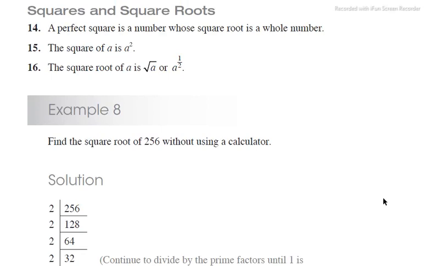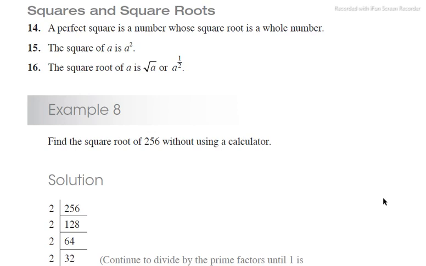After looking at LCM and HCF, we also have the squares and square roots. A perfect square is a number whose square root is a whole number. For instance, the square root of 4 is 2.